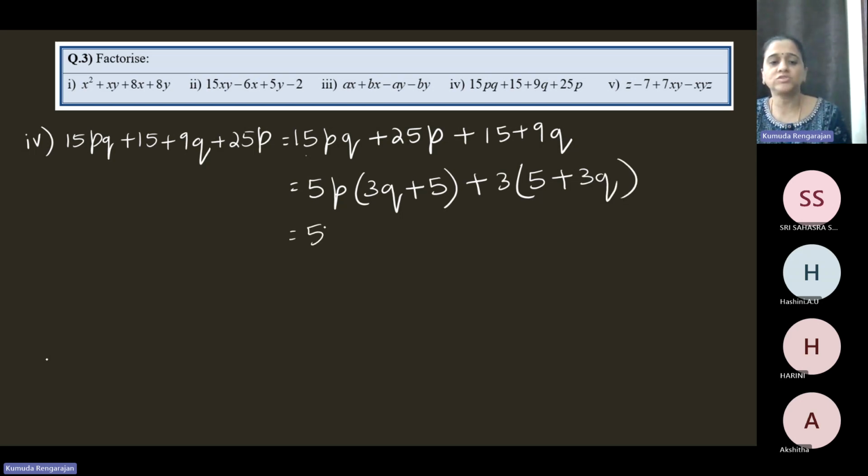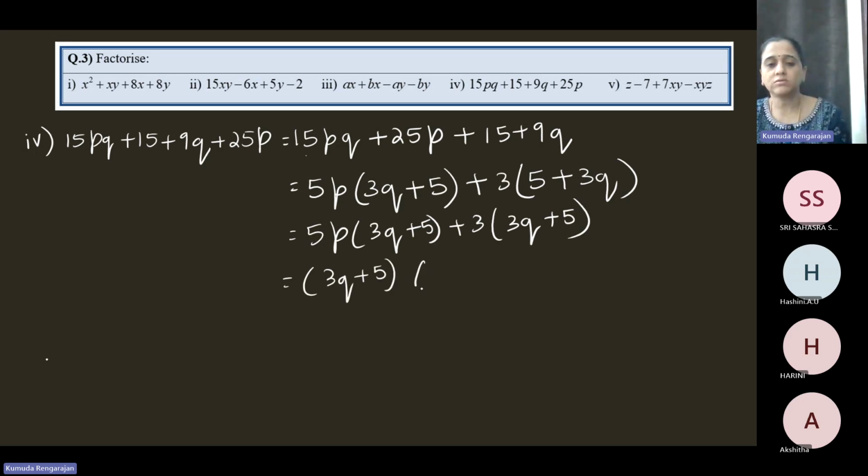So it's the same. Don't change the signs. 3q plus 5 plus 3 into 3q plus 5. Yeah. So 3q plus 5. Take down this also. And then 5p plus 3. Good. Right. Take down this, all of you.